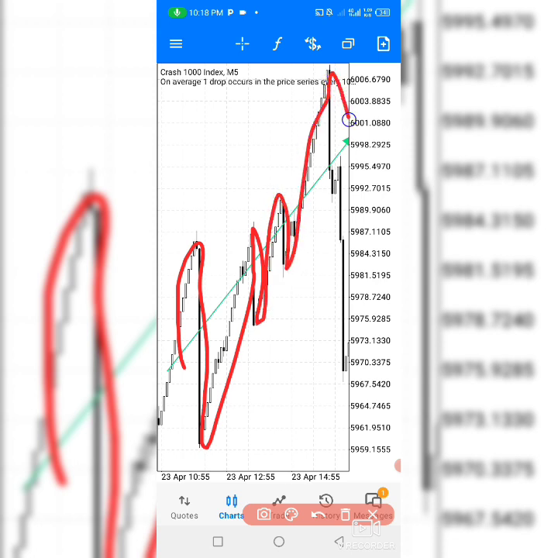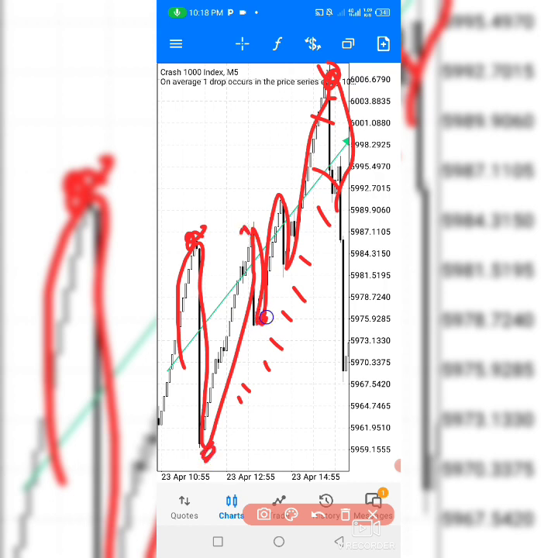The aim is to reach this point, but it does not reach it by just creating a point like this and then reaching there. It reached there in the form of a wave: peak, trough, peak, trough, peak, trough. So we can define price as a wave.